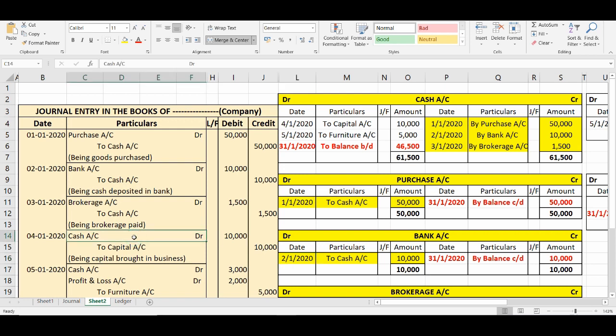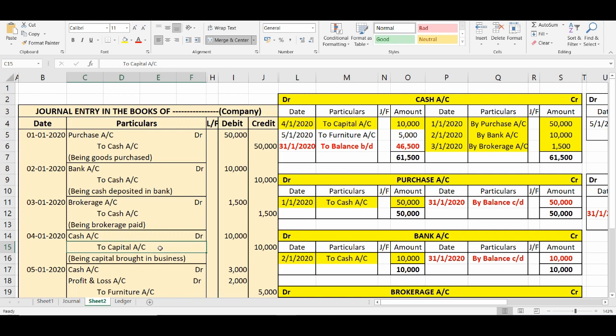So again, as per the rule, in the cash ledger, on the debit side, an amount of 10,000 will come under the heading capital account for the date 4th January 2020.